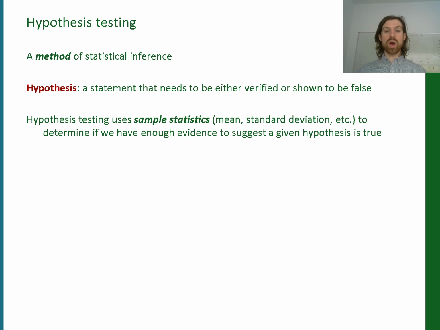So when we sample, we try to get a point estimate given some confidence interval. We try to estimate that point from a subset of data for the overall population. That's the basis of what we've been doing in the sampling over the last couple of classes. And we're able to use sample statistics to determine if we have enough evidence to suggest a given hypothesis is true, or whether we don't have enough evidence to reject the null hypothesis.